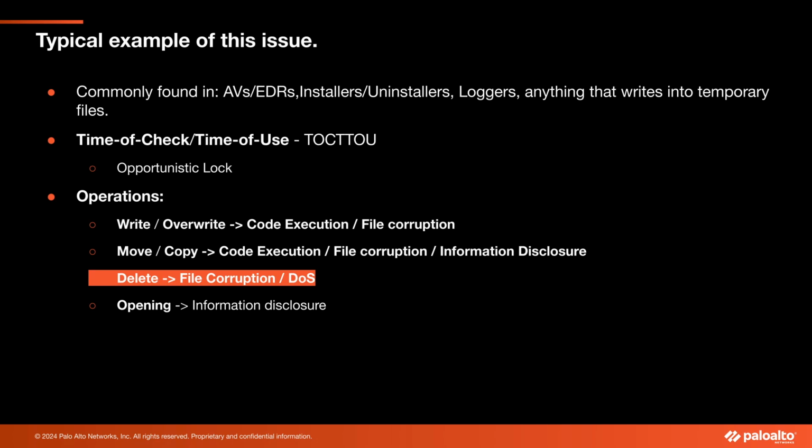And if that's not done correctly, then that could leak credentials or something. These are the operations mostly focused on in file operation vulnerabilities: write, move, copy, delete, or even opening a file, which can lead to information disclosure. We'll mostly focus on delete operations, which could lead to file corruption or potentially a denial of service.